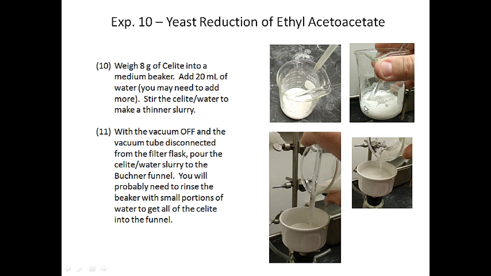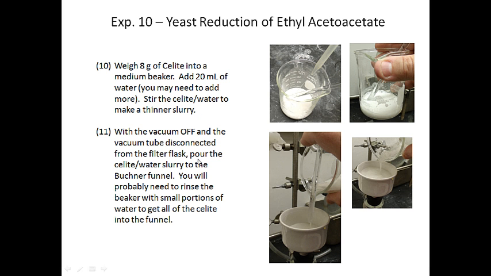This is kind of what you did with the column chromatography, except this is going to be a lot thinner and doesn't settle out as easily. So then to prepare the pad, we turn the vacuum off and disconnect the vacuum tube from the filter flask.